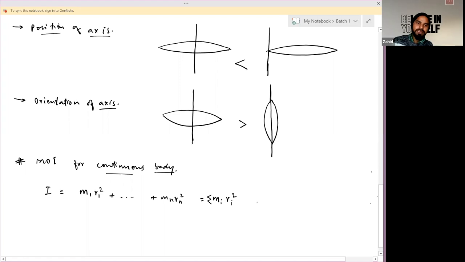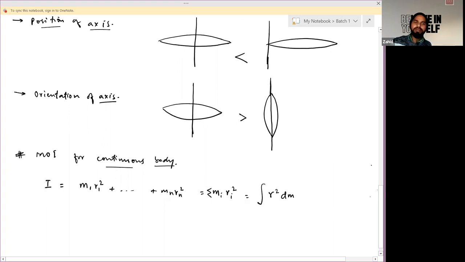And for small segments, this summation will transform to the sign of integration. r will define its position and mass will convert into dm. So this will be our formula for a uniform or continuous body.